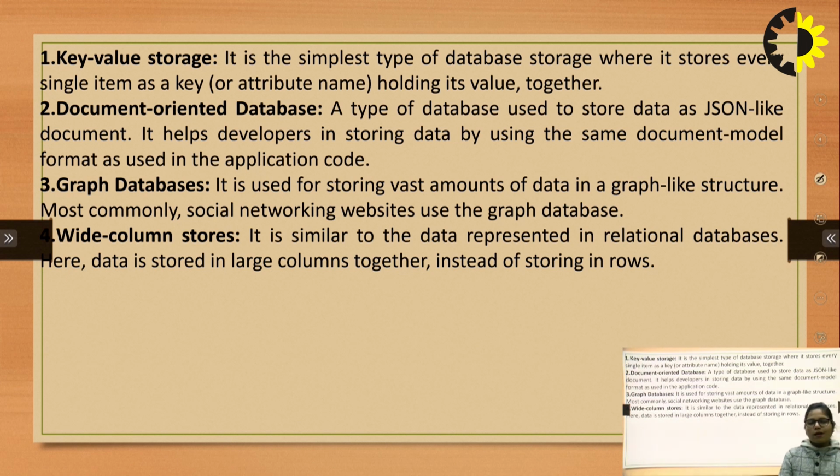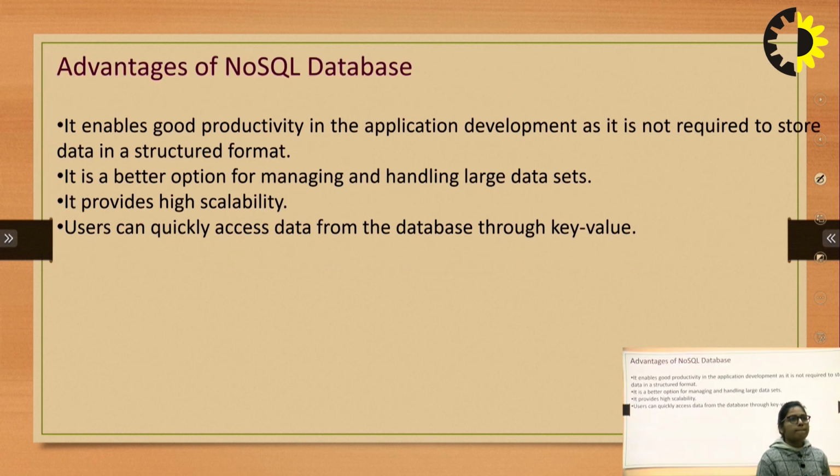The third one is graph based. It is used for storing vast amounts of data in a graph-like structure. Most commonly, social networking websites use the graph database. The fourth one is wide column stores. It is similar to the data represented in a relational database. Here, data is stored in large columns together instead of being stored in rows.